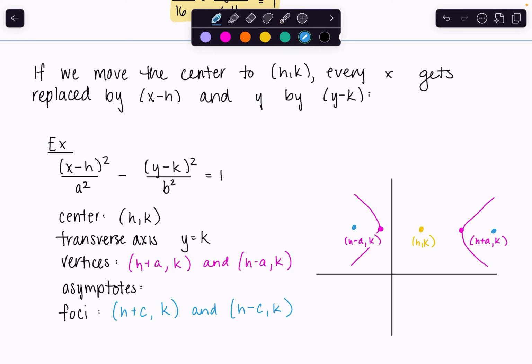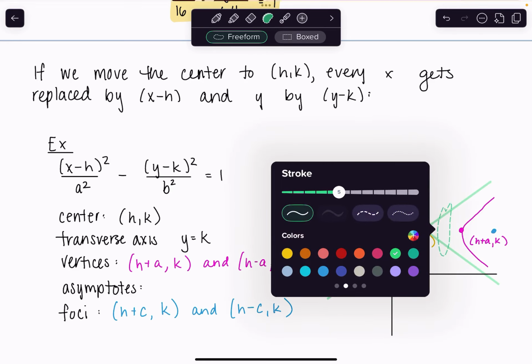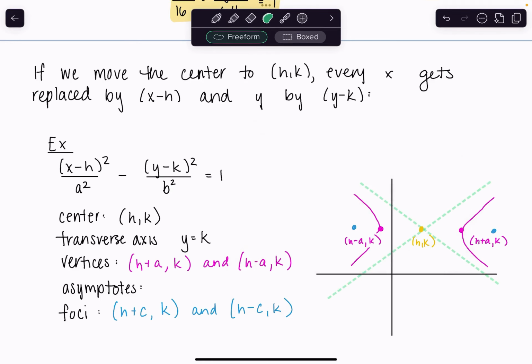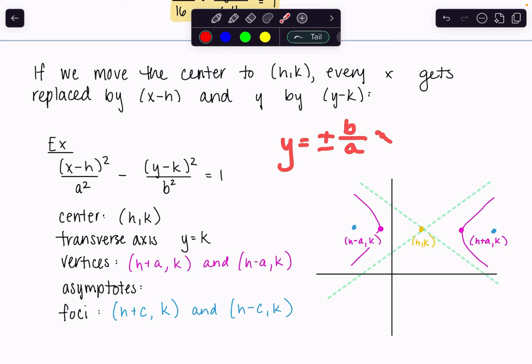When we talk about the asymptotes, we still use the same idea. So I have one asymptote through the center, the other asymptote through the center. And then let's go ahead and make these a little thinner and dotted. Okay. So in this case, our normal equation is y equals plus or minus b over a times x. You don't have symmetry anymore because you can see we have two different y-intercepts now.